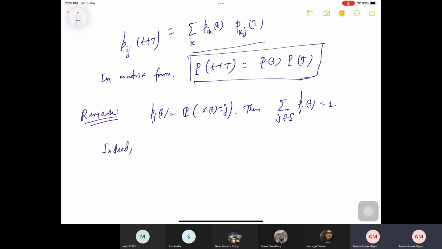What is p_j(t)? It is the probability of X(t) = j. Again I can use the total probability law.